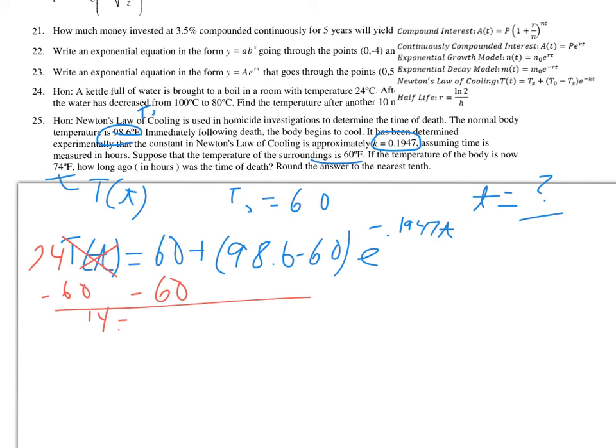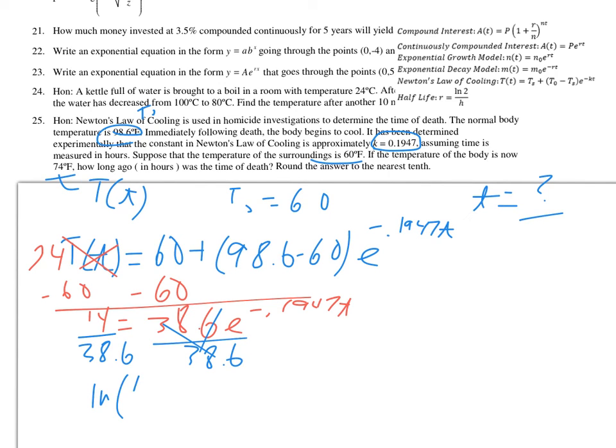So I get 14 equals 38.6 e to the negative 0.1947t. And then we'll go ahead and divide that by 38.6 on both sides. Okay. And then we have e there as our base isolated, so I'm going to switch it to ln of 14 over 38.6 equals negative 0.1947t, and then divide that by negative 0.1947 on both sides, and that should give us our answer.